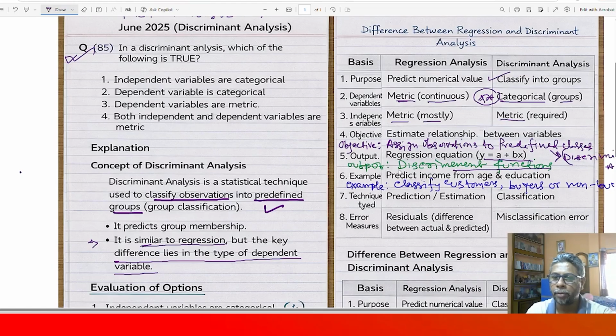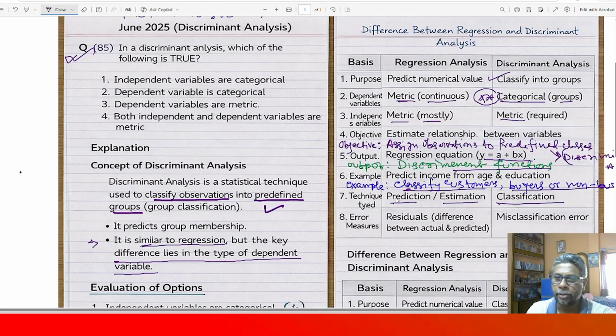As an example, regression analysis predicts income from age and education, while discriminant analysis classifies customers as buyers or non-buyers. Discriminant analysis mainly works with a categorical dependent variable and performs classification. Regression analysis is used for prediction and estimation, while discriminant analysis is used for classification.